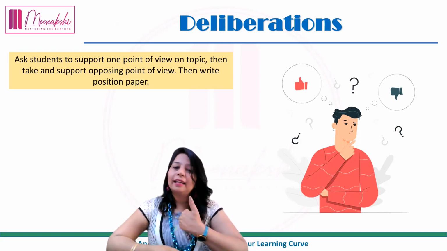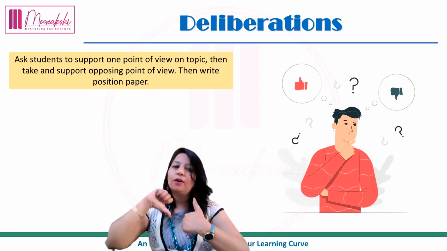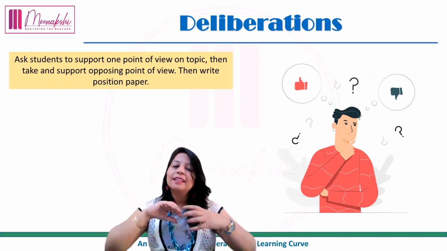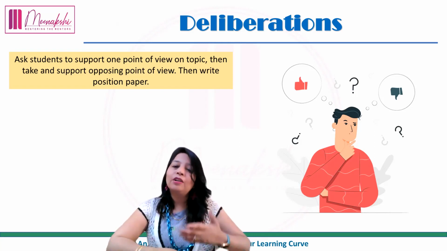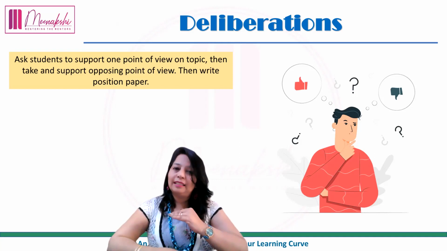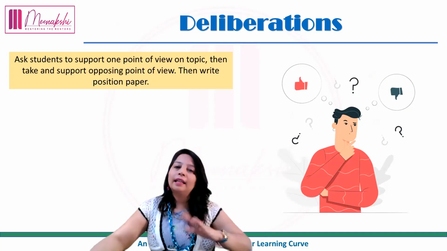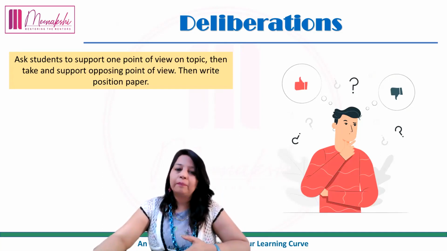Whether they like it or dislike it, whether they agree or disagree, in both cases they have to provide the support or the evidence. This will let your students think critically and present their thoughts collaboratively and critically as well. You can conduct this as an individual or a group activity as well.